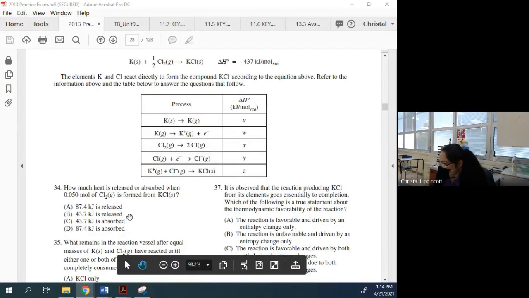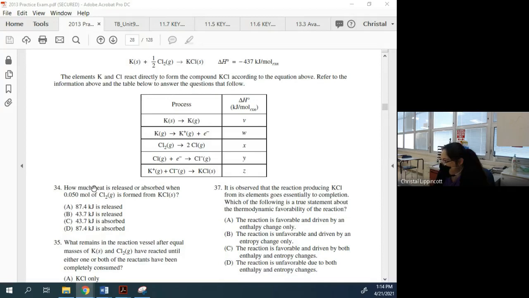Now, I need to figure out which one of these it's going to be. And I don't want to have to do math on this. That's just frustrating, okay? But I can see here, 0.05 moles.